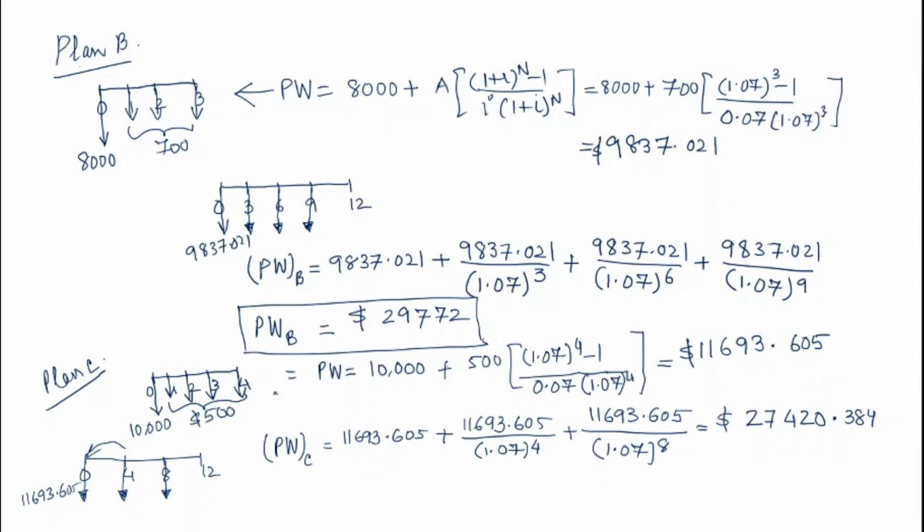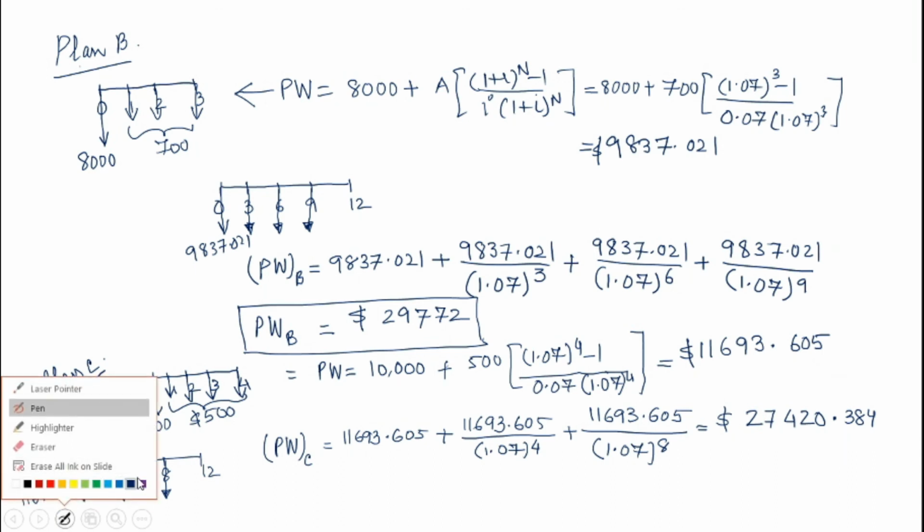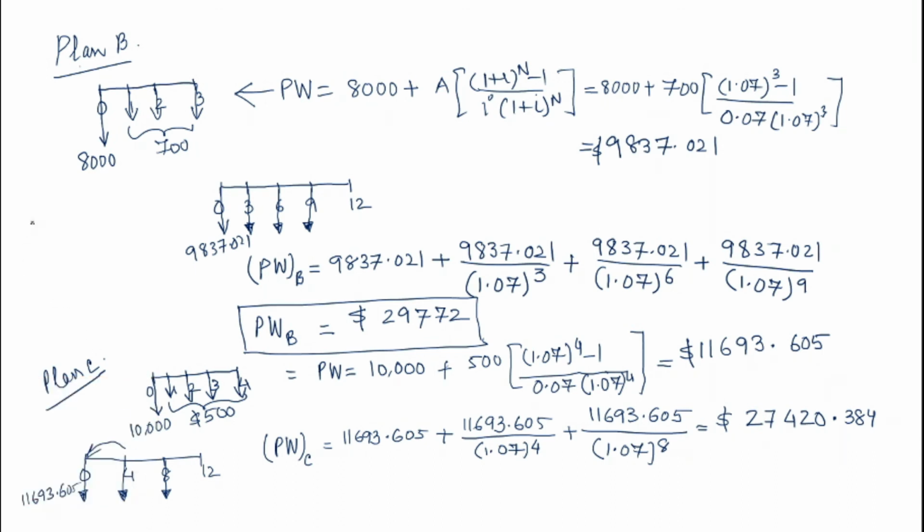Let me use a different colored pen and summarize. The present worth for plan A comes out to be $28749.